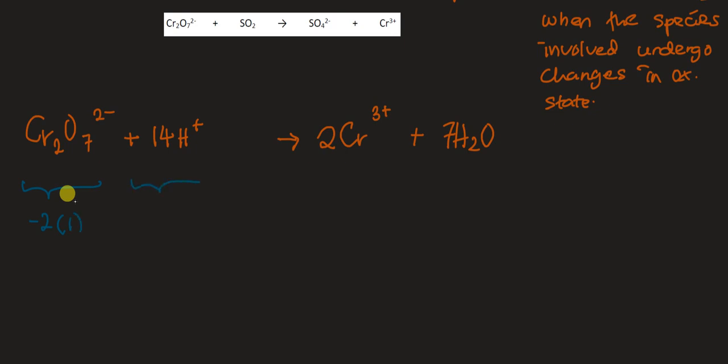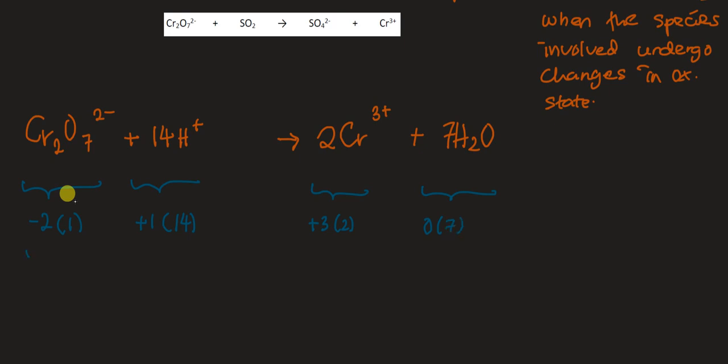The protons carry +1, and there are 14 of these. On the right hand side, the chromium carries +3 charge, and there are 2 ions. And the water has charge 0, and you have 7.